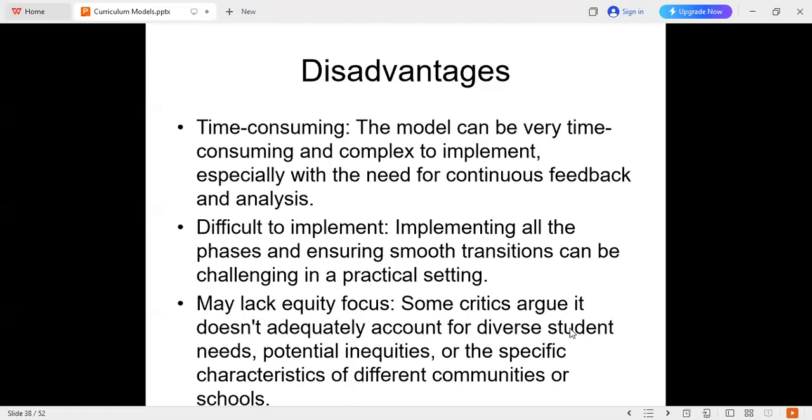Yeah, the same disadvantage: time consuming, everywhere we can see. The curriculum is naturally a time consuming process. It should be.